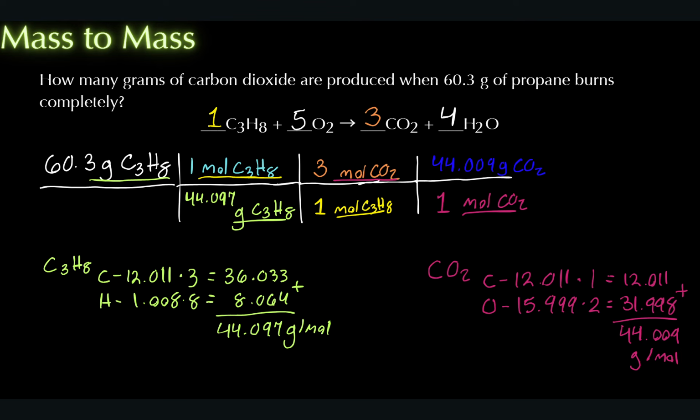Now from here, I'm ending in my grams of CO2, which is what I am trying to find. So we're able to solve this setup. So 60.3 times 3 times 44.009, all divided by 44.097.